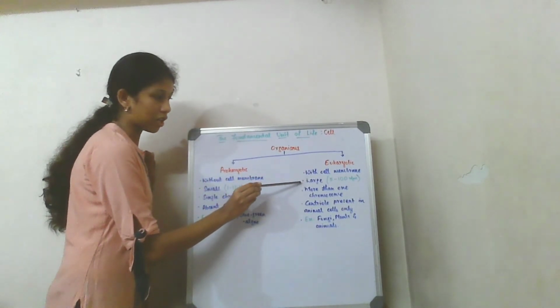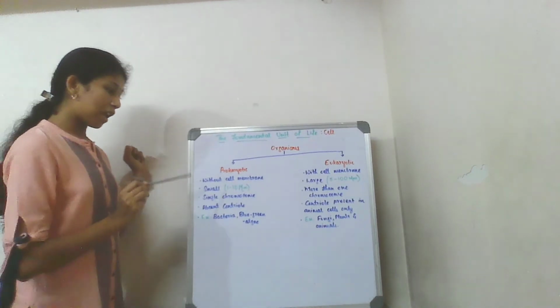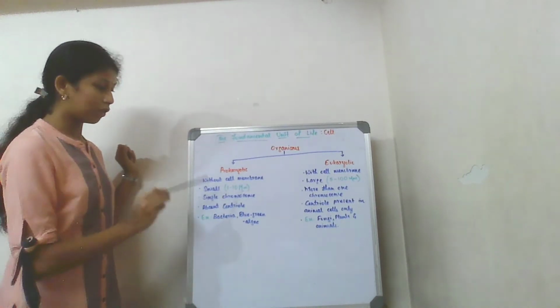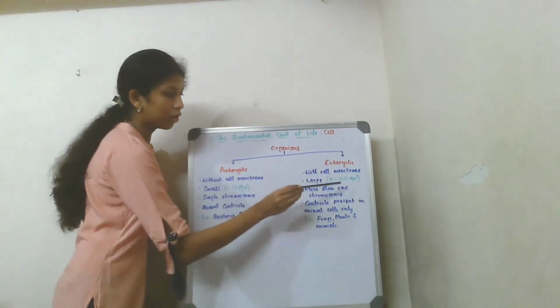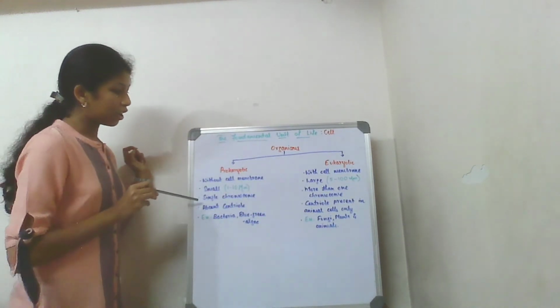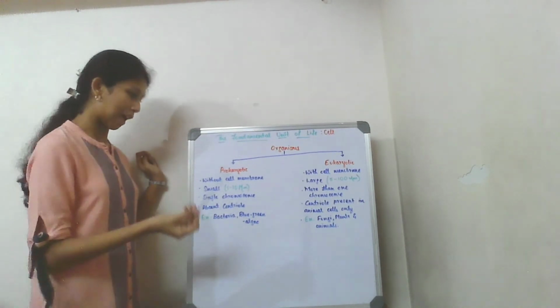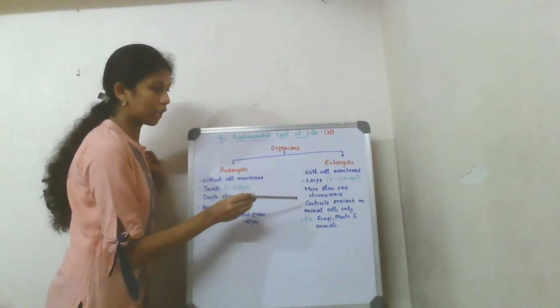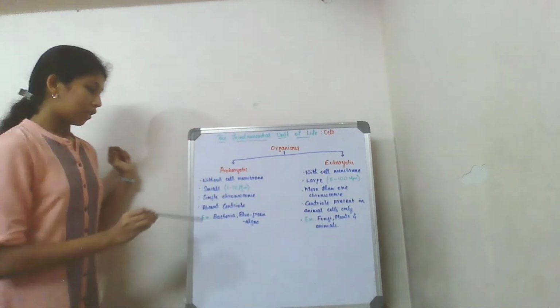Eukaryotic cells are generally large, measuring 5 to 100 micrometer. Prokaryotic cells have only a single chromosome, and eukaryotic cells have more than one chromosome. Prokaryotic cells do not have a centriole, and in eukaryotic cells, the centriole is present in animal cells only.